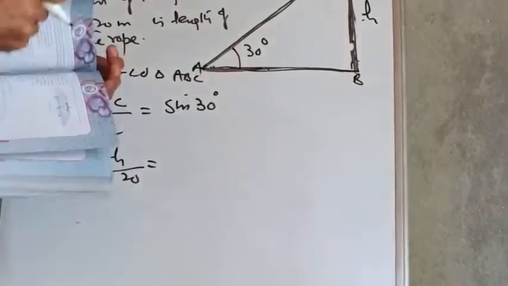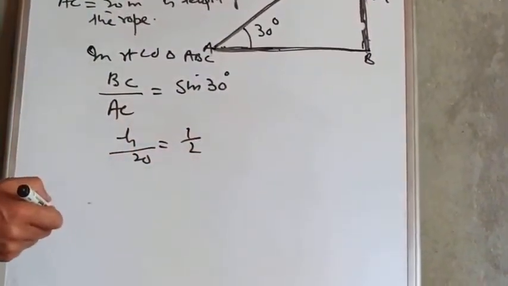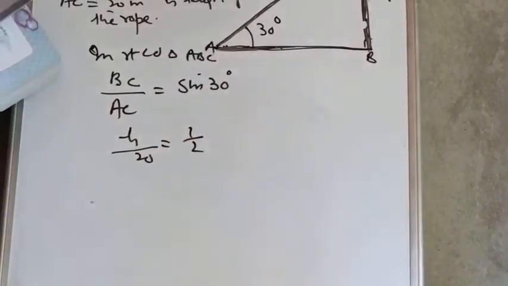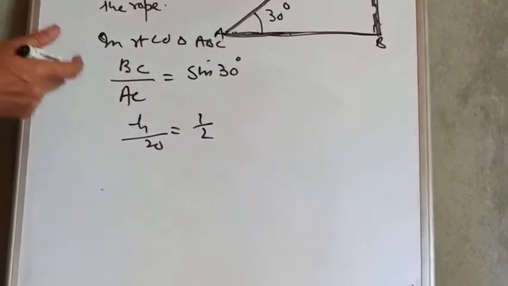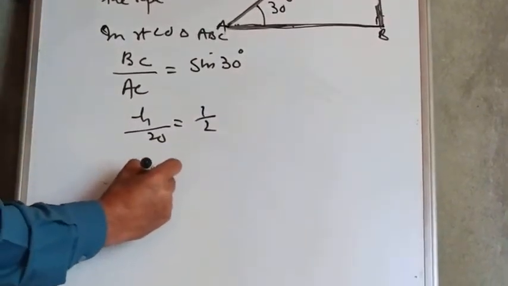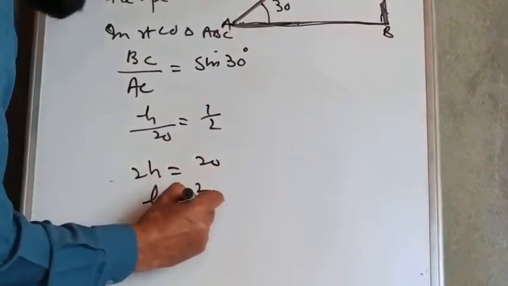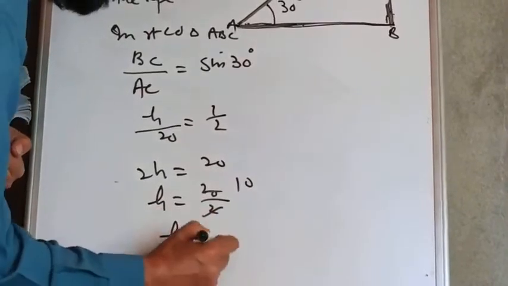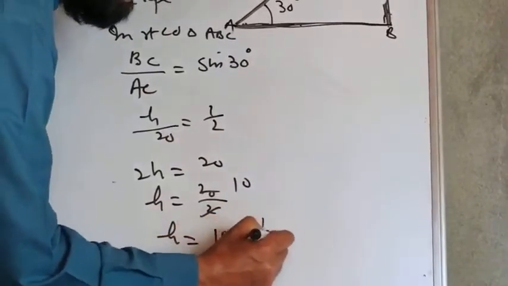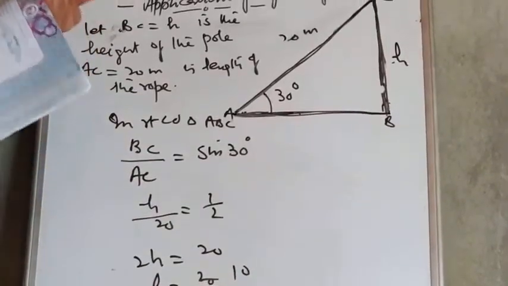Sine 30 degrees is 1 by 2, yes. So by cross multiplying, 2H is equal to 20. What is H? It is 20 divided by 2, which is 10. So H, the height of the pole, is 10 meters. This is your answer.